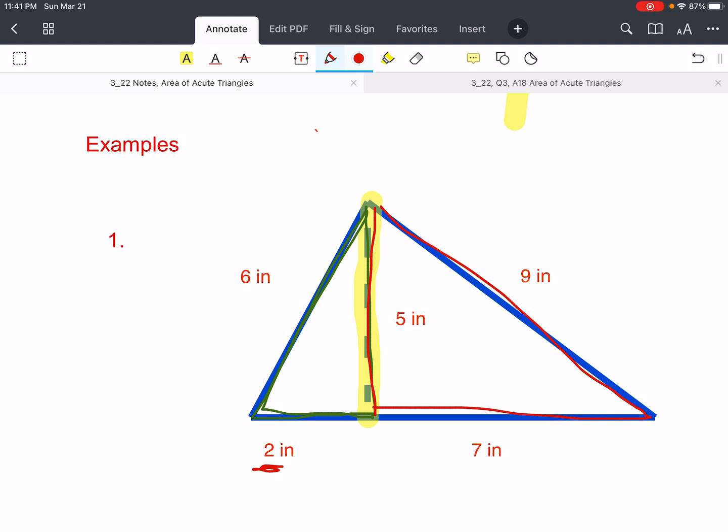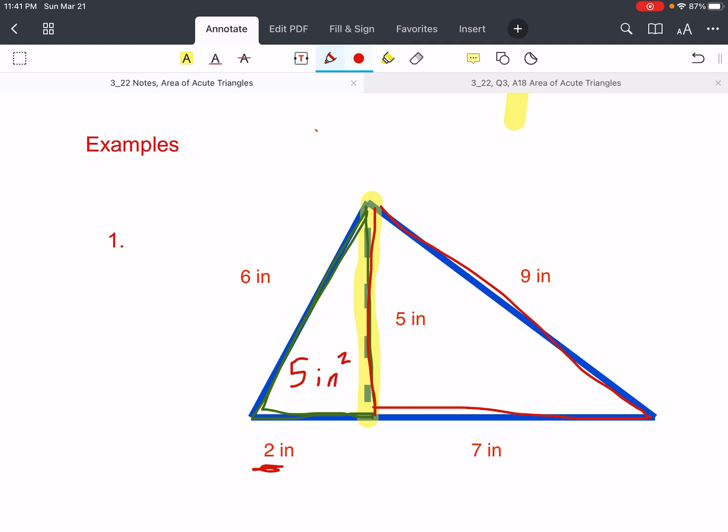So to do that, we're going to identify the base and the height. The base is 2 and the height is 5 for this first triangle. So to find the area, we're doing base times height and then dividing by 2. So 2 times 5 is 10, divided by 2 is 5 inches squared.